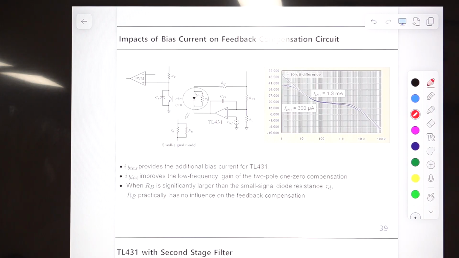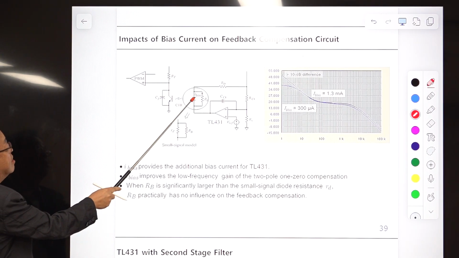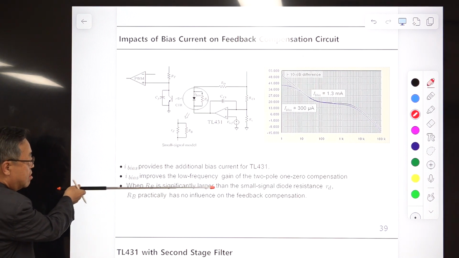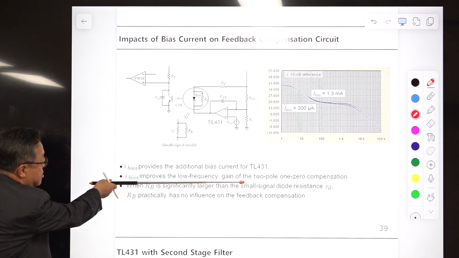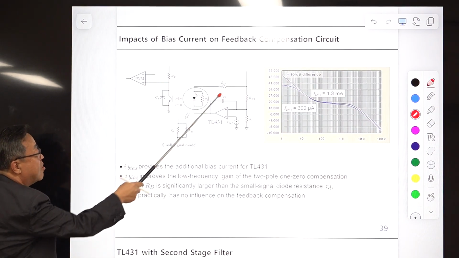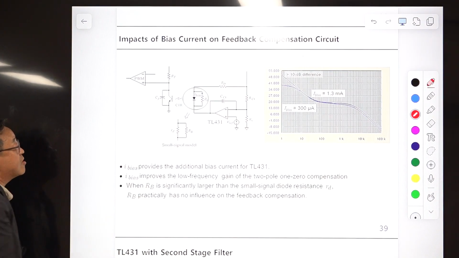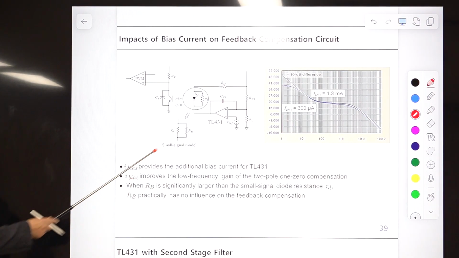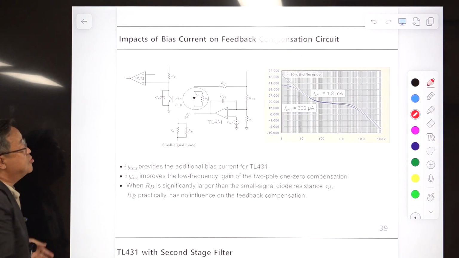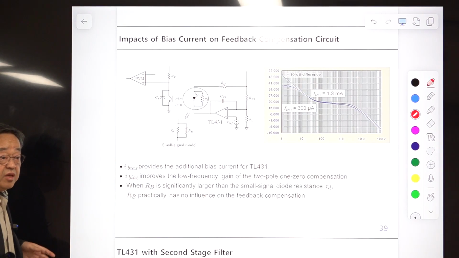Impact of this is large. If I bias is not sufficient to provide the bias current here, then this becomes, as I said previously, 2-pole 1-zero compensation.